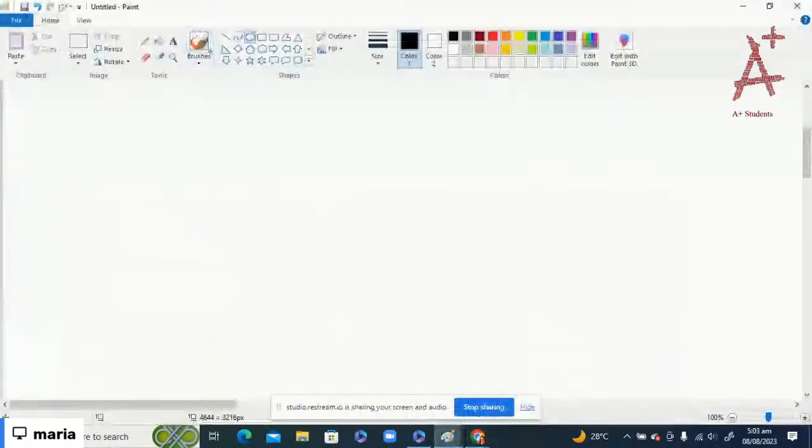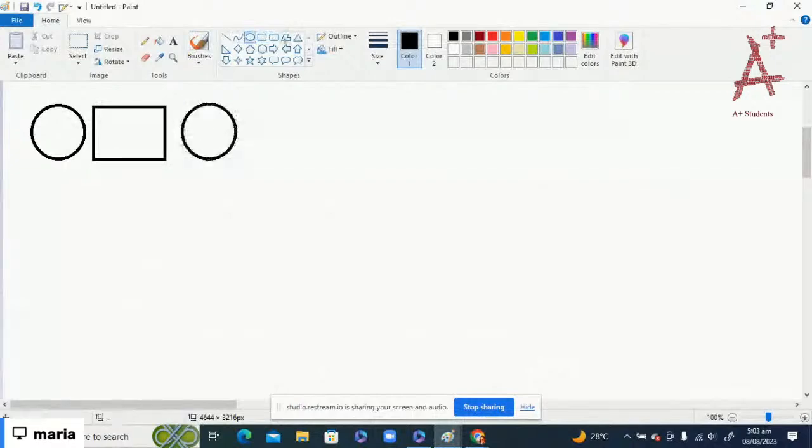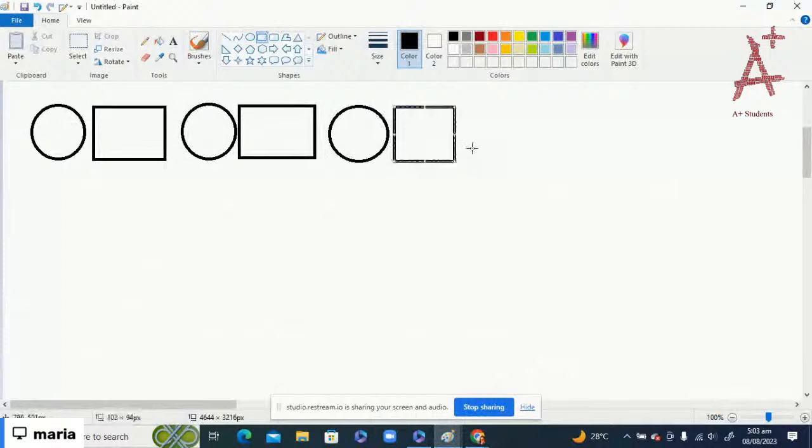Here I'm going to put a circle, then after the circle, it's a square. Again, it's a circle, then it's a square.